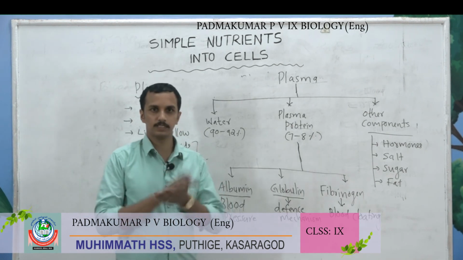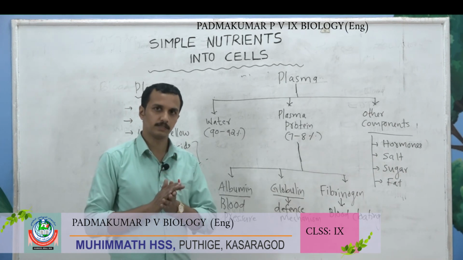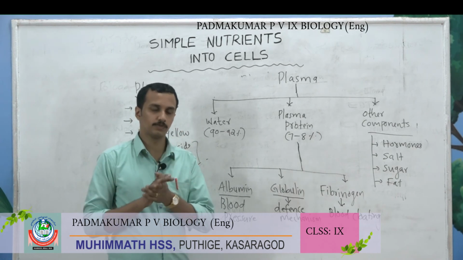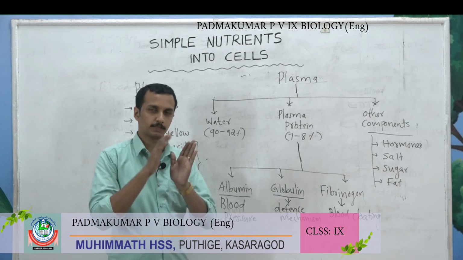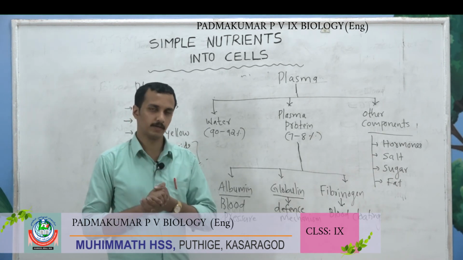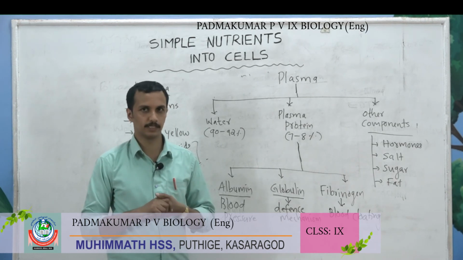So what are the topics discussed here? First you have to study what is blood, that is the structure of blood. Our blood contains two regions, plasma and blood cells. Then an experiment to separate plasma and blood cells. Then different types of blood cells we discussed.